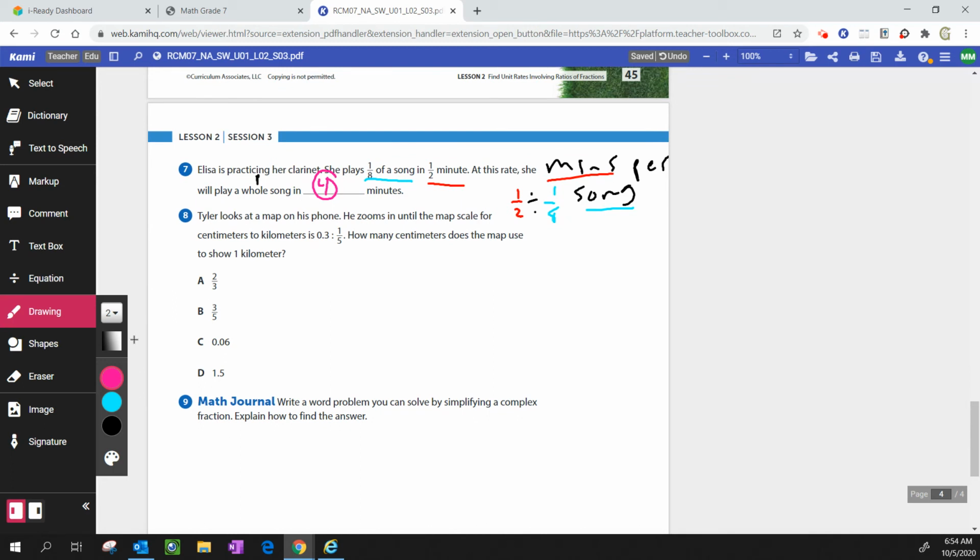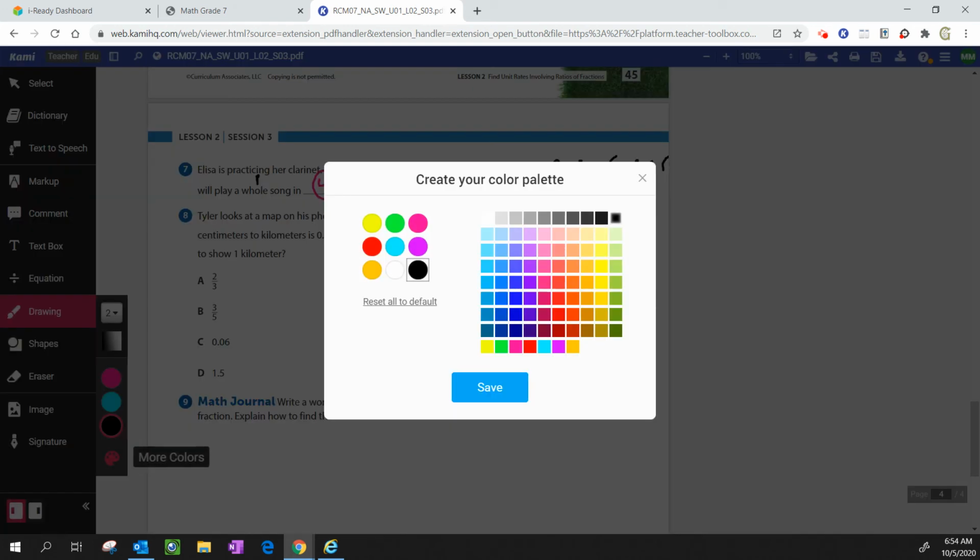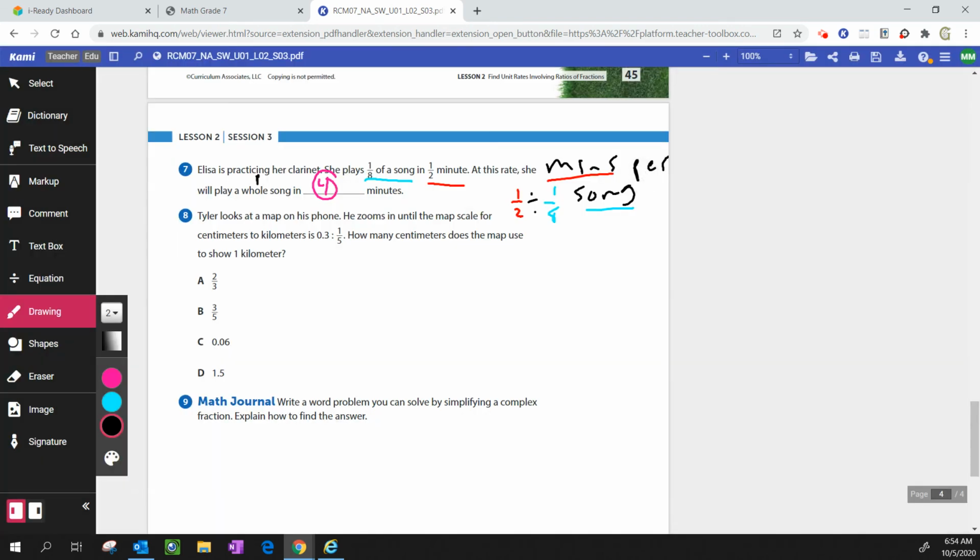Number 8, so kind of bringing and connecting this idea to scale. So now you just have fractions in your scale. So we have the map scale is from centimeters to kilometers. So let's go ahead and color code those. So centimeters.